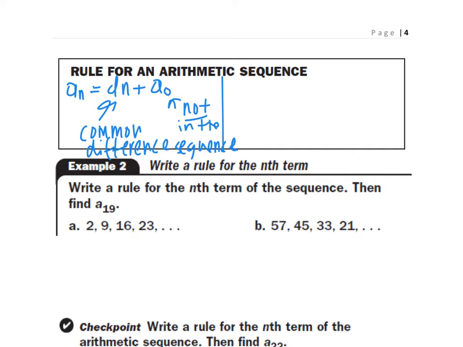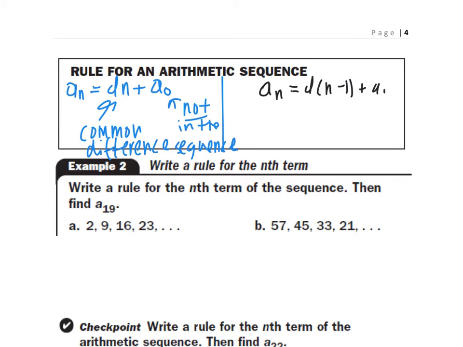All right, and then the other way we can think of this rule, and they go together. I'll often use this second way and then solve for the first way. We have the difference again, d, and now we do n minus 1 plus the first term. This way is a little bit easier because you're able to plug in the first term.